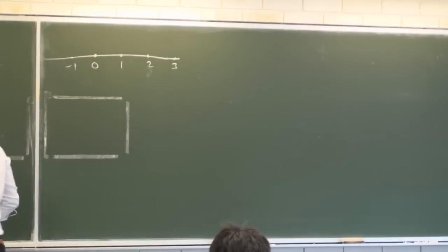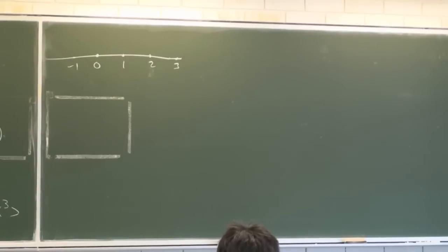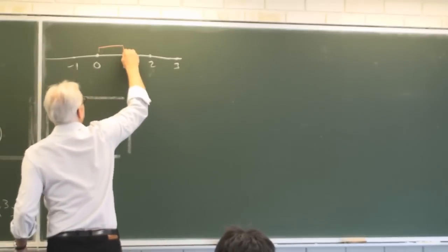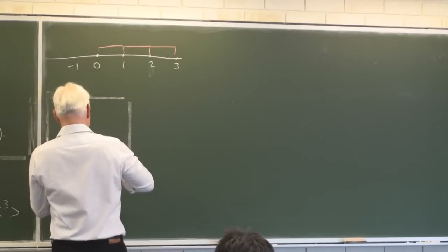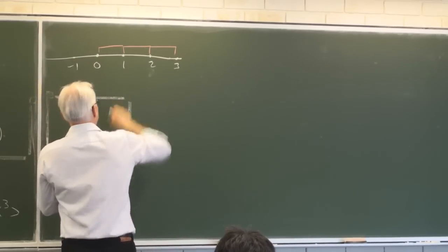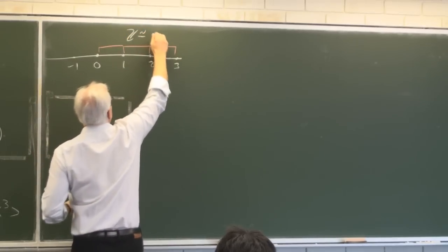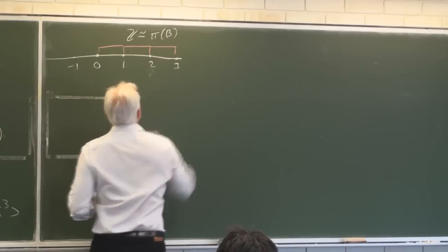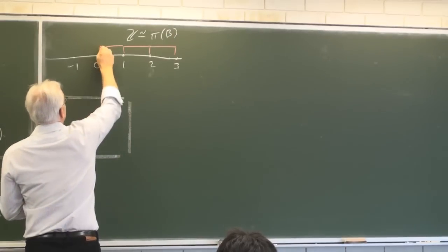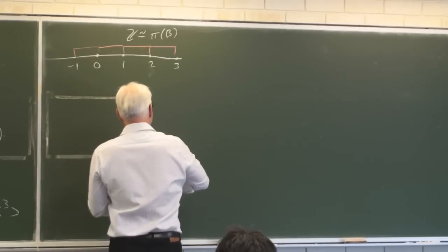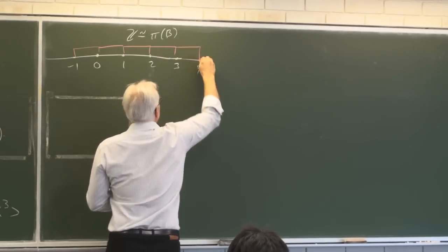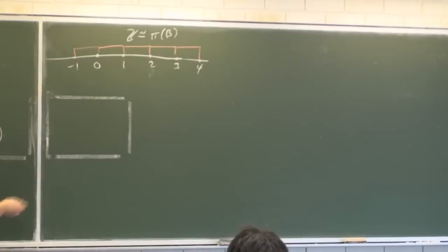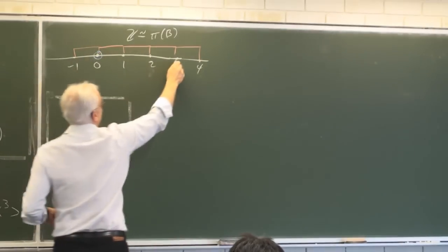We can think of the original downstairs group as essentially being Z, isomorphic to pi of b, and then this image under this map is going to consist of all multiples of 3.